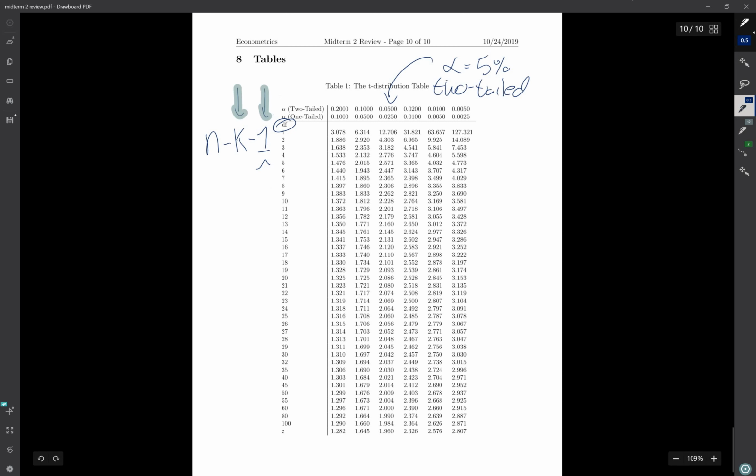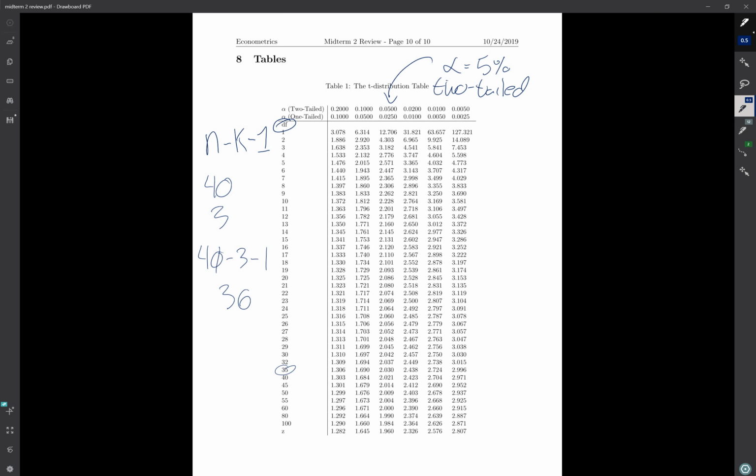Let's say that we have 40 observations, and let's say we have 3 x variables. So our degrees of freedom would be 40 minus 3 minus 1, or 36. So we go down here and we see there's a 35.